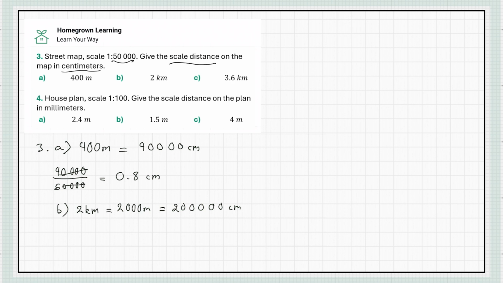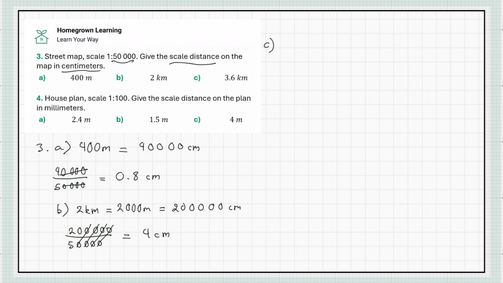Now that we've done that, we're going to take the 200,000 and divide it by our scale factor of 50,000. Okay, so we can cancel out a lot of these, and we're left with 20 divided by 5, and 20 divided by 5 is 4. So 2 kilometers is represented on the map as 4 centimeters.